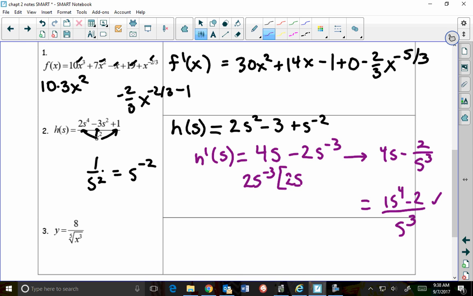So this would be 2s to the 4th minus 1, all over s cubed. Same thing. So lots of ways. All that's pre-calc.